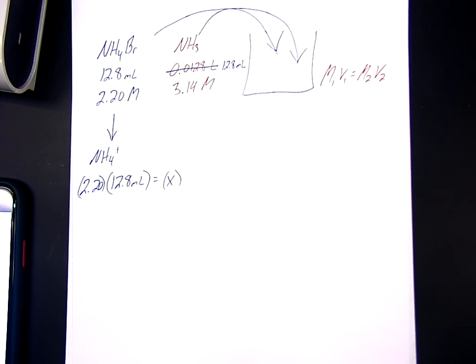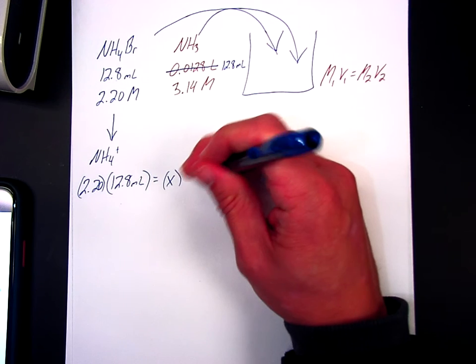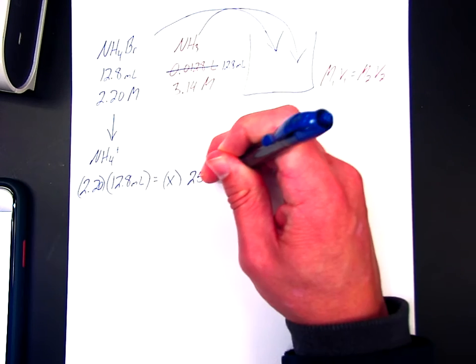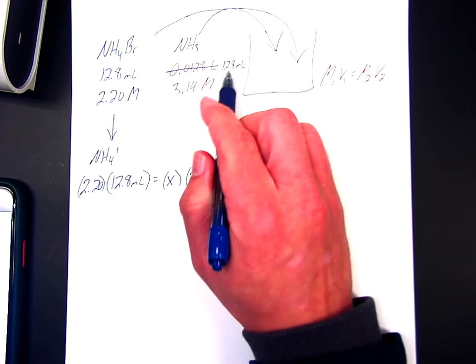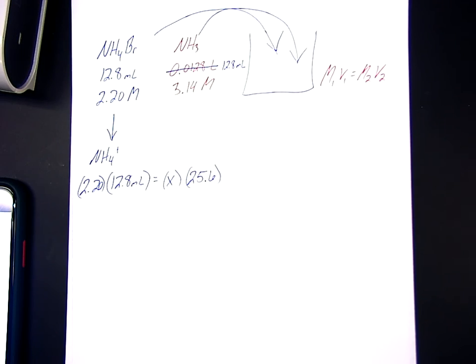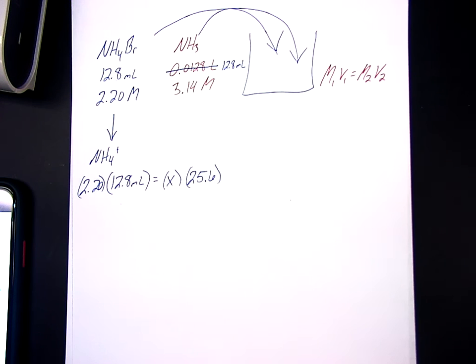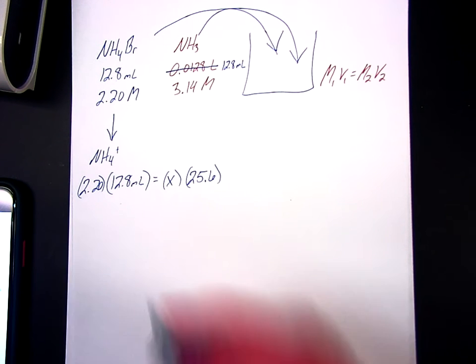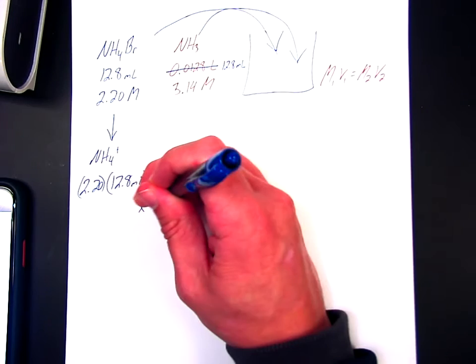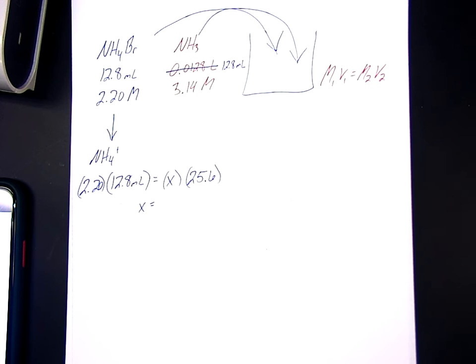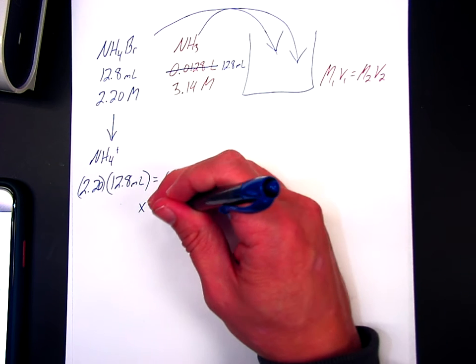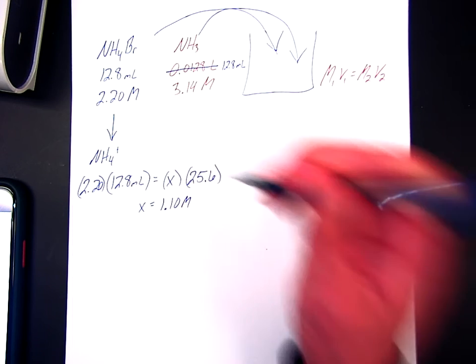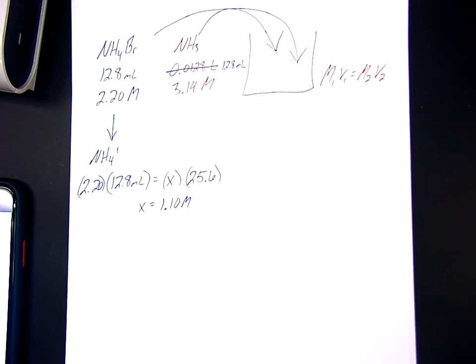So it's going to come out to 25.6. You can see that they're the same number, right? It's an equal volume of each. So if we solve for this here, we'll get that X is equal to 1.1 molar. So there's the molarity of the NH4.